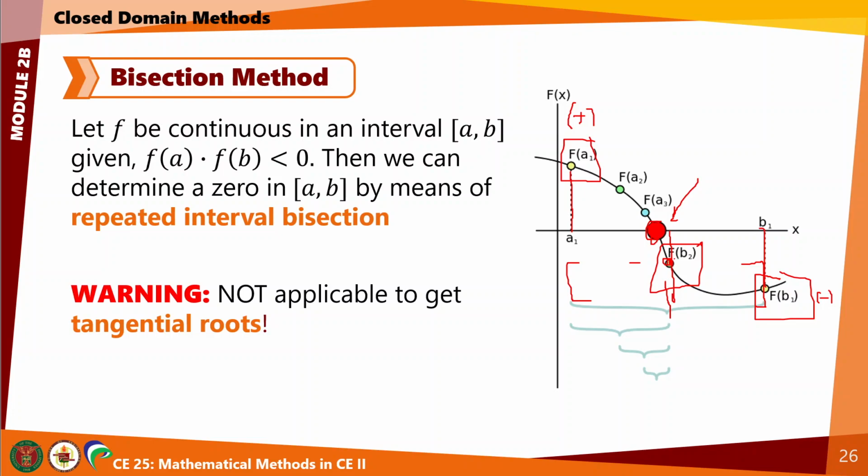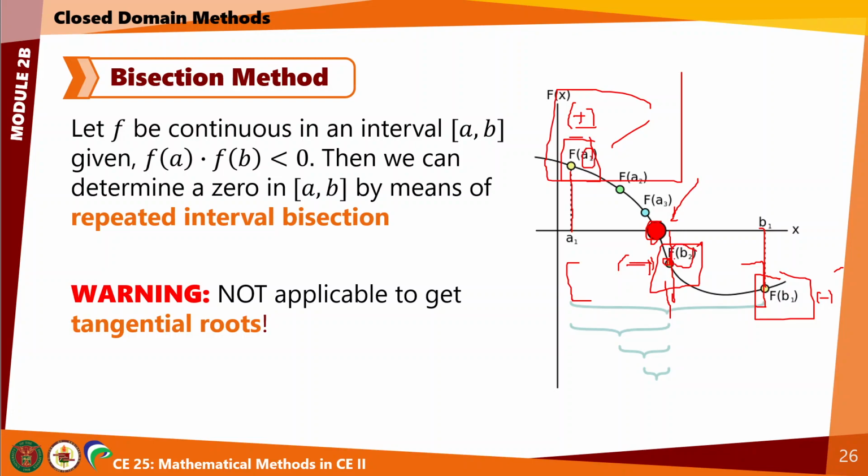So anong i-retain natin? Between the two, ito ba or ito? Itong nasa taas. Okay, kasi kailangan we always maintain na yung product ng endpoints natin is negative. So, kung negative na tong isa nating endpoint, kailangan piliin natin itong positive. Okay, so matitira ngayon si A sub 1 and si B sub 2.